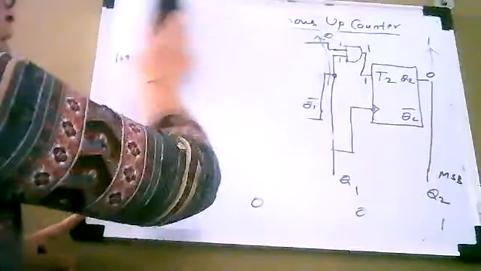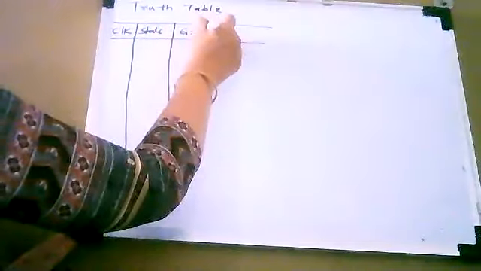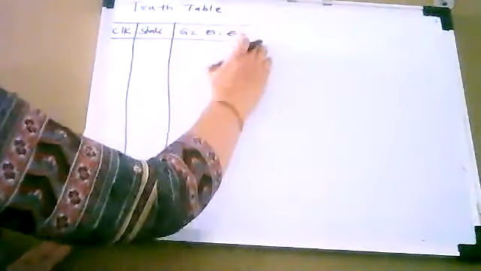I'm going to write the logic diagram, and here I'm going to write the truth table. The truth table will have fields like this: clock, state, and outputs Q2, Q1, and Q0.